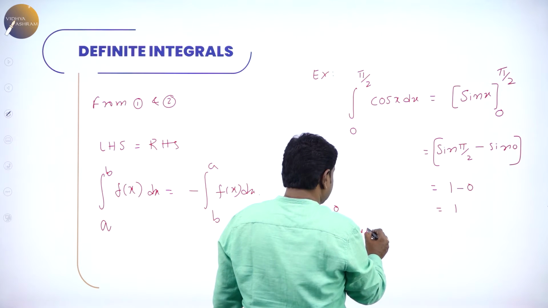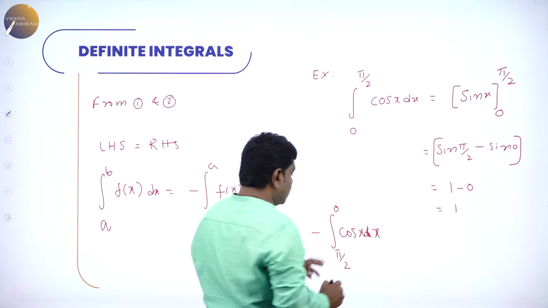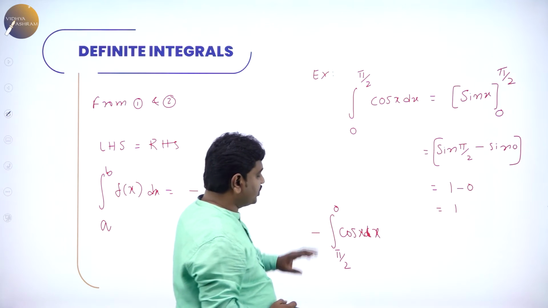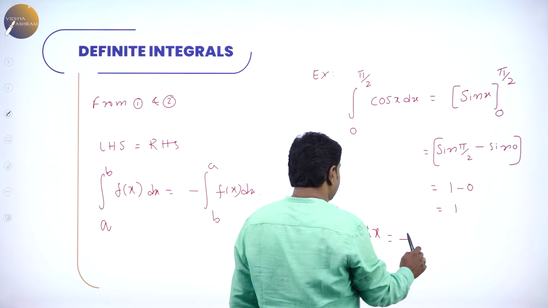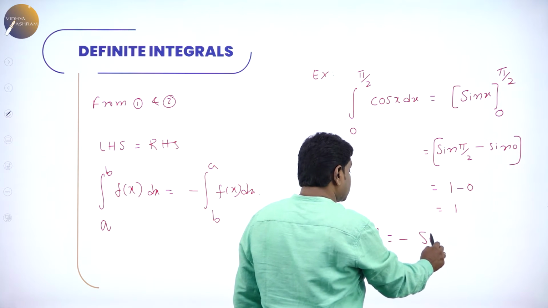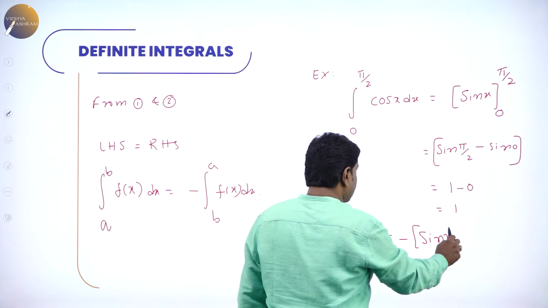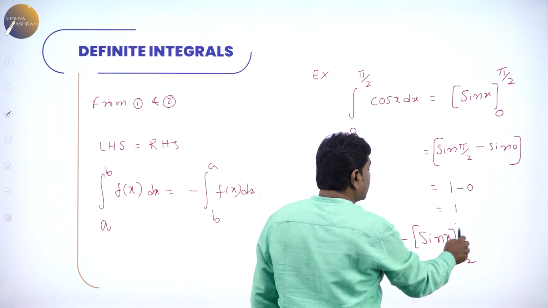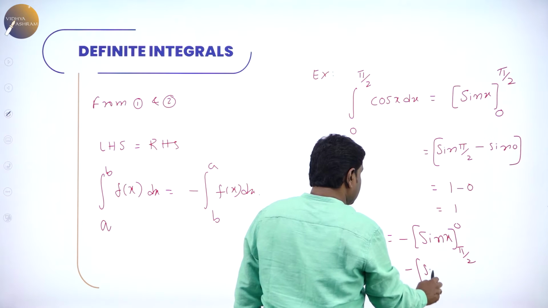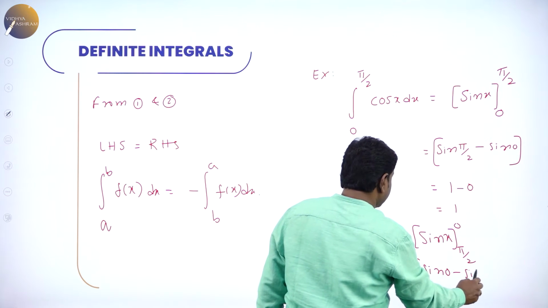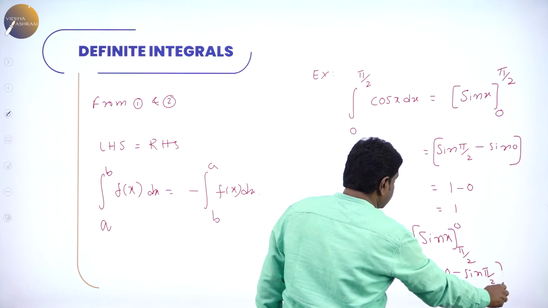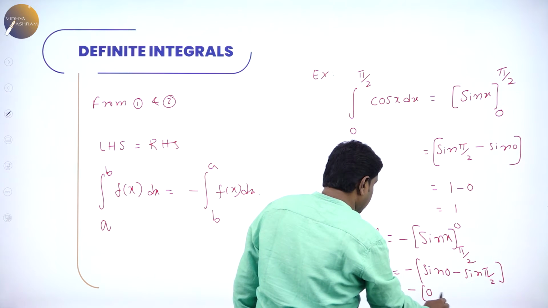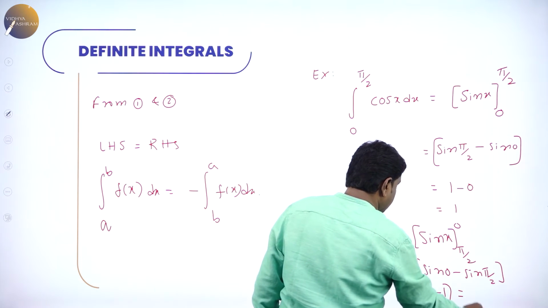Now consider the reverse. I'll take minus integration pi by 2 to 0 cos x dx. Same problem I'm taking, I'm taking negative and interchanging. I should get the same. We'll see. Minus outside. All of you know integration of cos x is sin x, from pi by 2 to 0. Upper limit is 0, so sin 0 minus sin pi by 2. Sin 0 is 0, sin 90 is 1. Minus of minus 1 becomes 1.